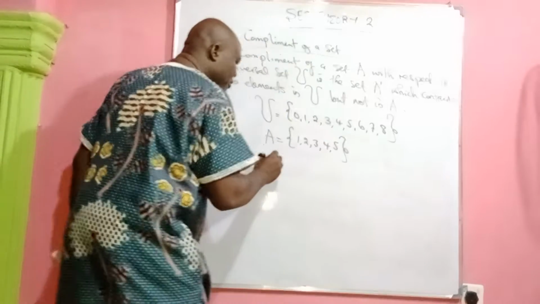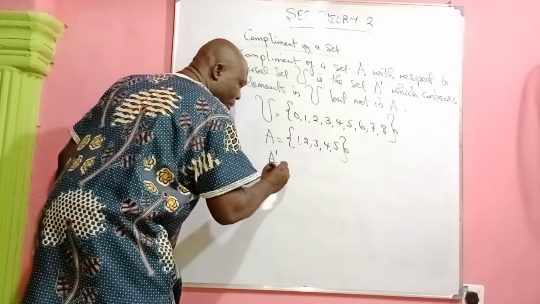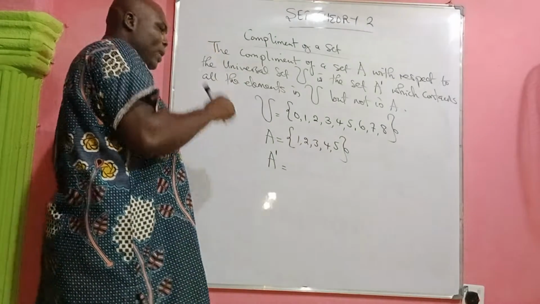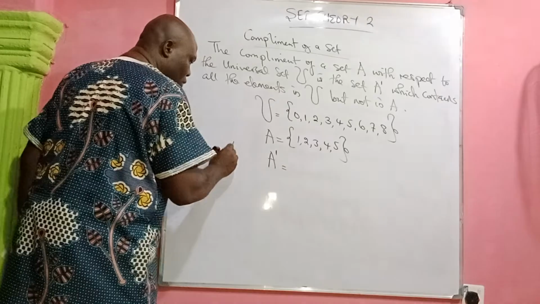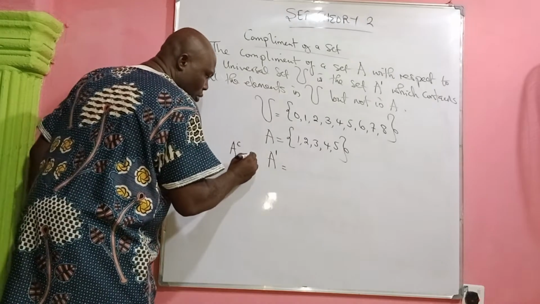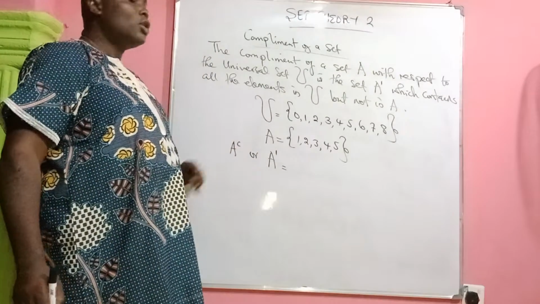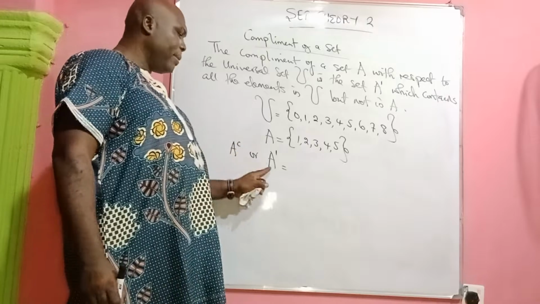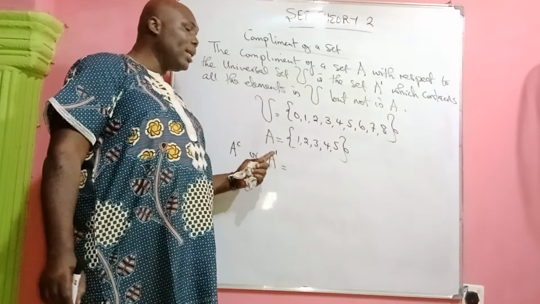Now assuming you're asked to find the A complement, that's A raised to power 1. We either use this notation or A raised to power small c. Sometimes you call it A prime.